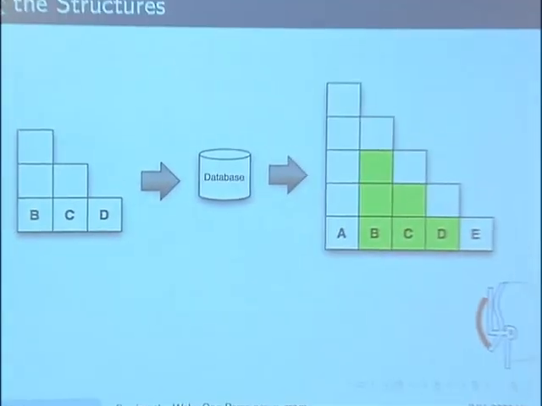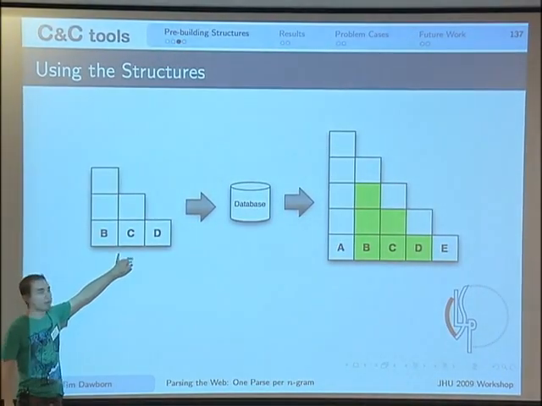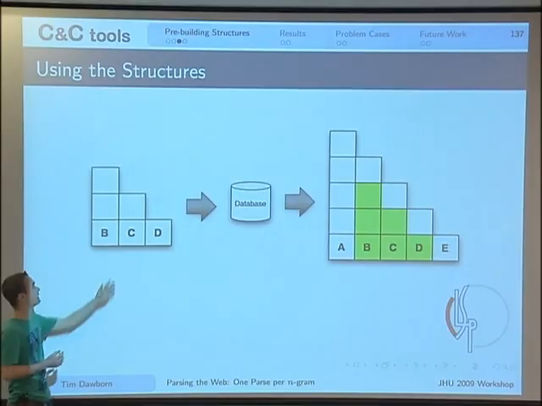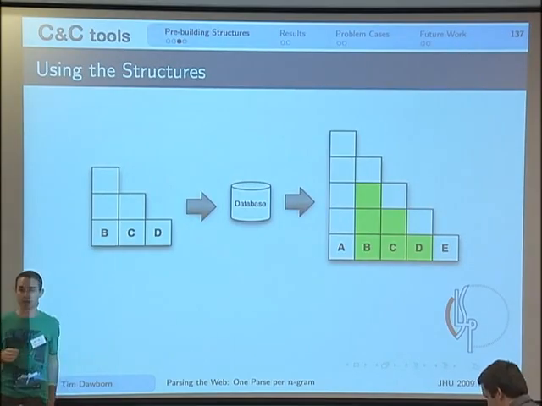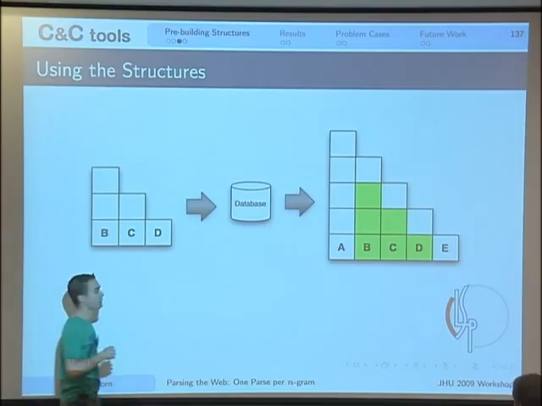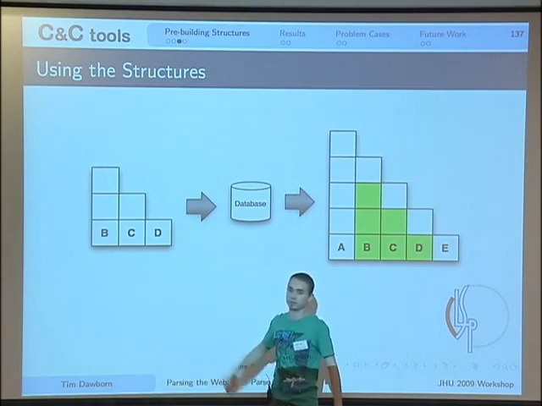So pictorially, this is what the overall system looks like. Say we see the n-gram BCD. We see it lots of times, and we're going to make the assertion that this one particular derivation for BCD will always be that derivation. So we have our chart structure for BCD, we use our pointer swizzling and our serialization, and we dump it to the database.